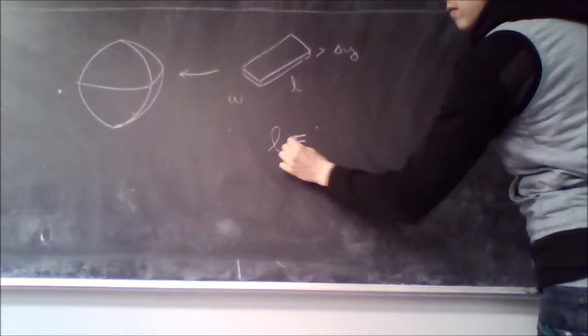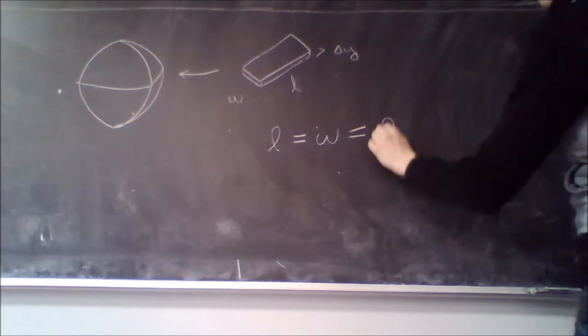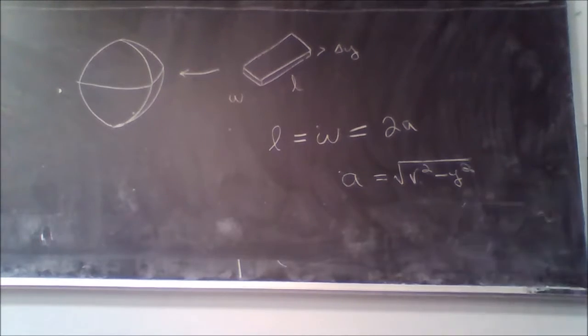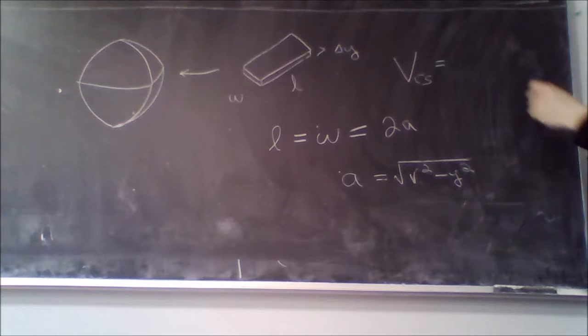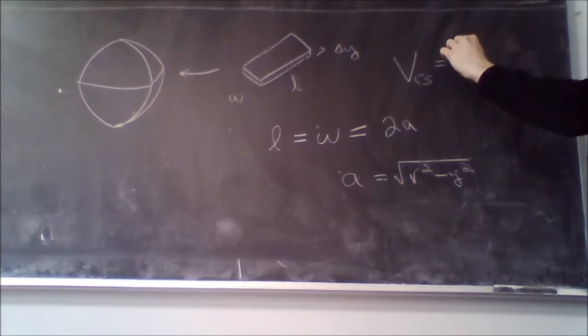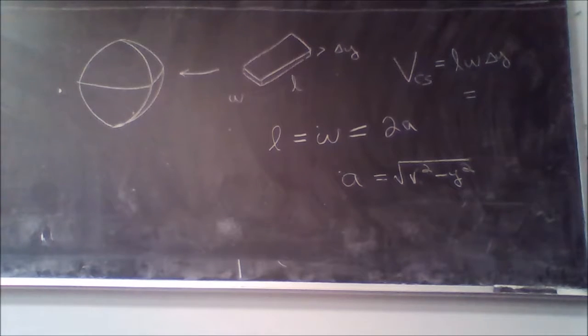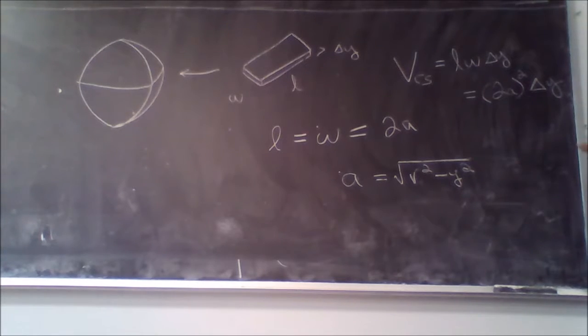Now we have previously solved for length and width to both equal 2a, where a is equal to the square root of r squared minus y squared. This means the volume of our cross-section will equal 2a times 2a times the instantaneous height, or we can write this as 4a squared delta y.